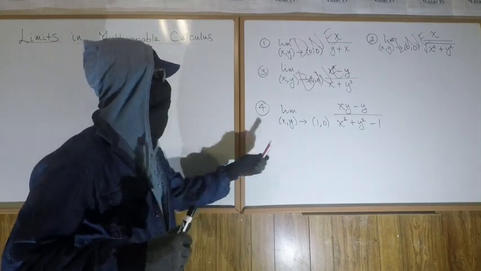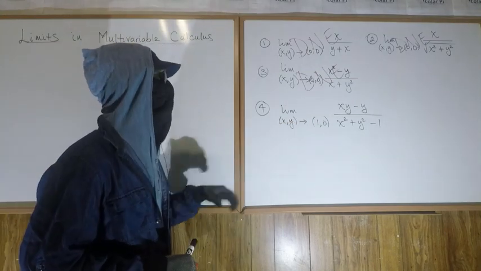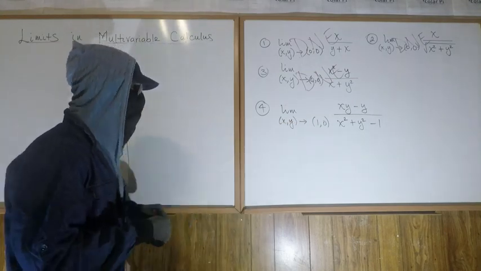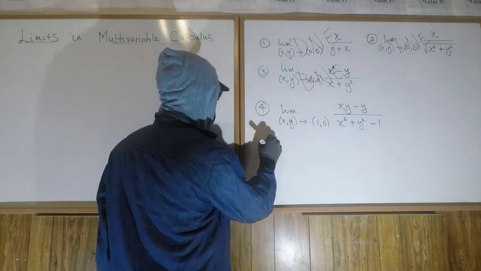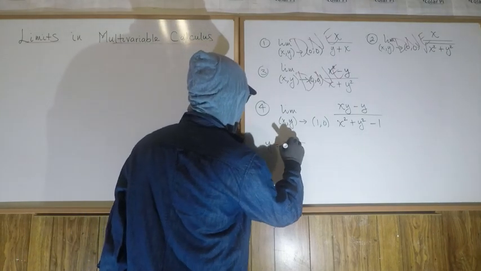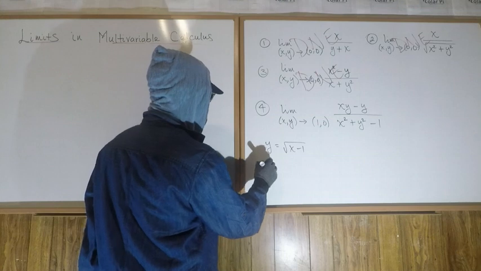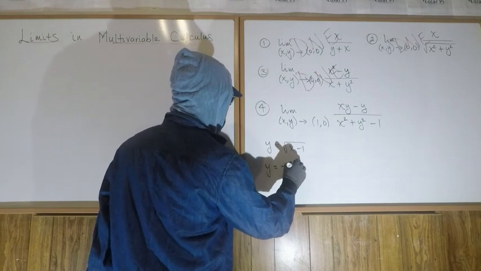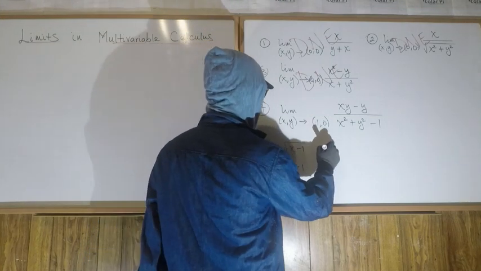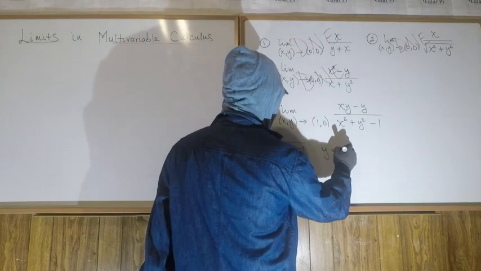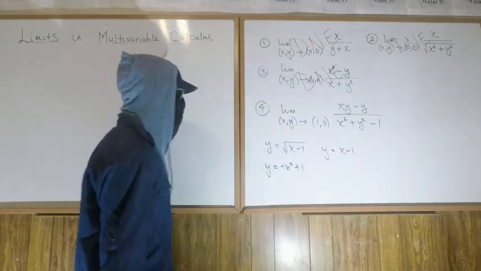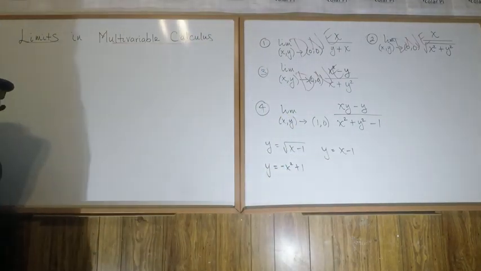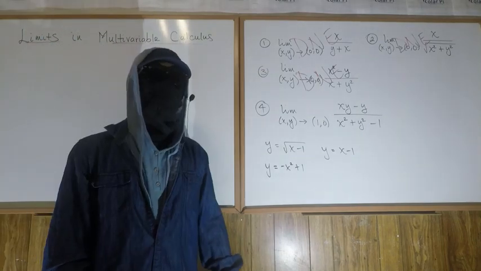Okay, but finally, this one, as I said, we cannot use any of those. So what we said is we can use these: y equals root x minus 1, or y equals negative x squared plus 1, or y equals just x minus 1, right? These kinds of things, we can use these. All right, no problem.